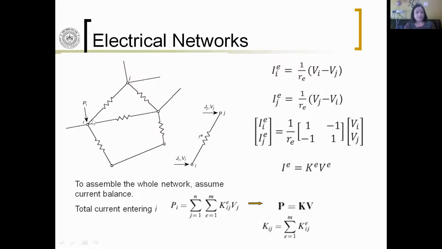And when I'm calculating the value for PI, I do summation not over all the elements in my circuit. It is sufficient to do the summation over only those elements I to M, which are connected to this particular node. And when I do this, I get a big matrix relation. I'll get a matrix equation.